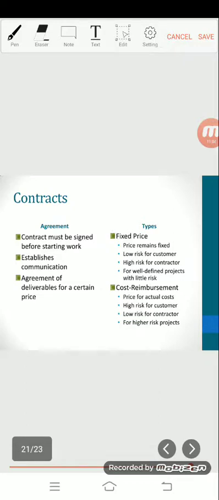ensure project success. There are basically two types of contracts: fixed price and cost reimbursement.